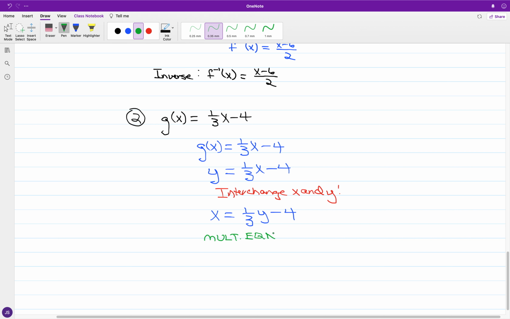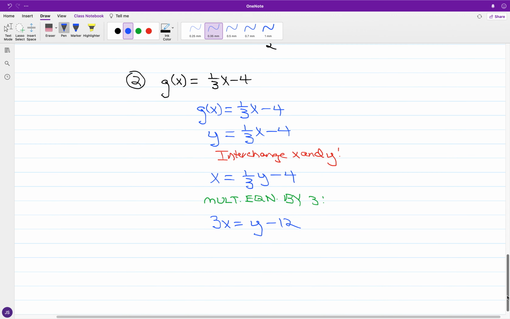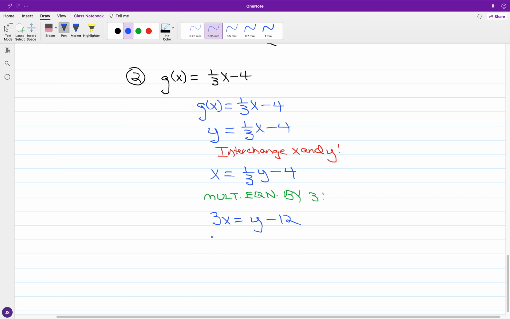Since I'm looking at solving for y, we have 3x is equal to y minus 12. And I can now isolate y upon adding 12 to both sides.